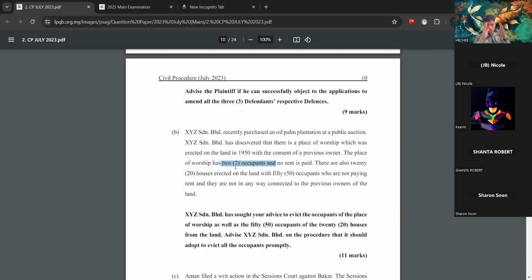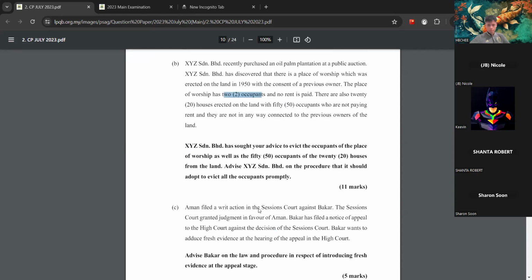One is concerning summary judgment under Order 14, and another one is Order 89. Very obviously, the 50 occupants fall under Order 89. However, these two are Order 14. Is that okay? Any questions?